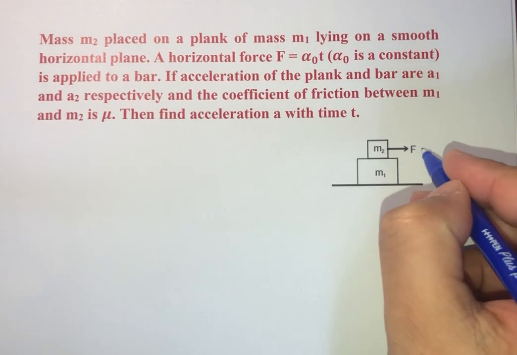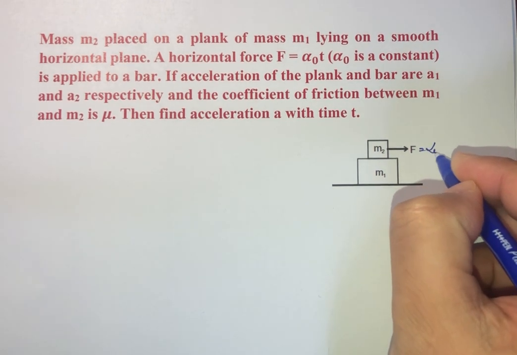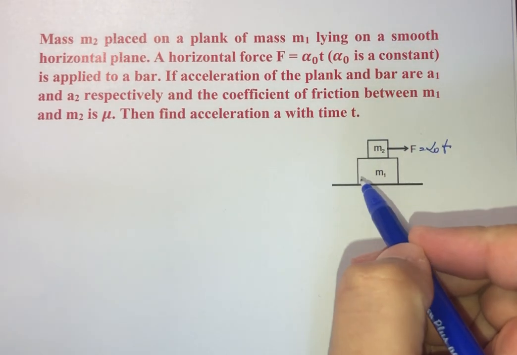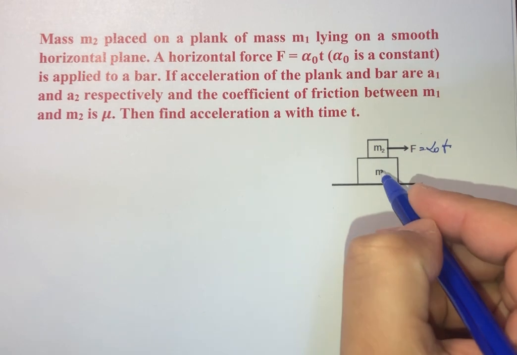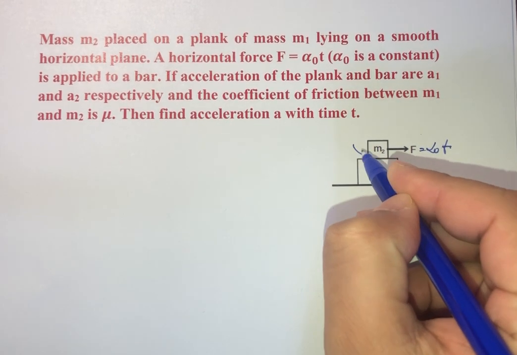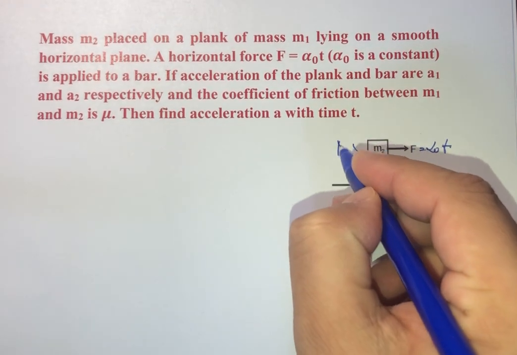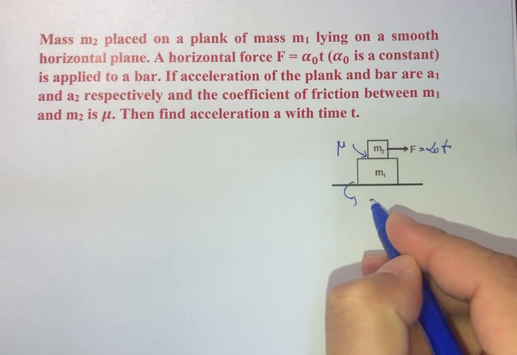So it is given that F is alpha naught t, and we have a coefficient of friction between m1 and m2 as mu, and the plane is smooth.